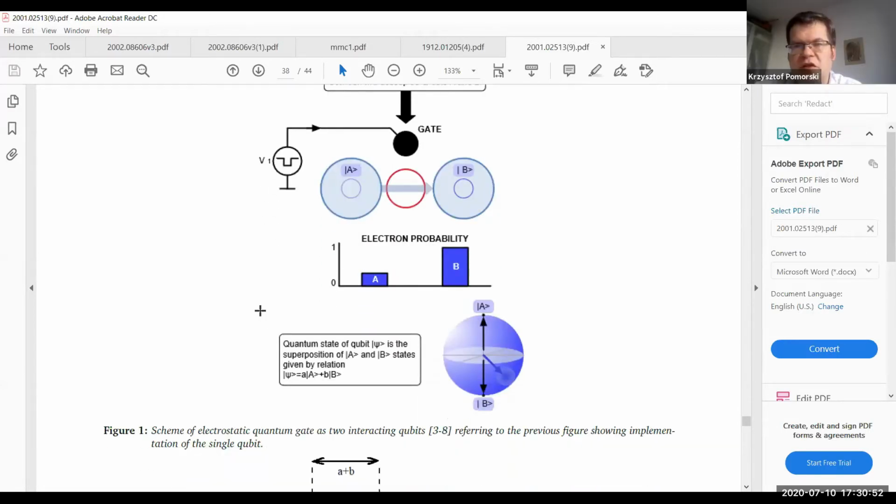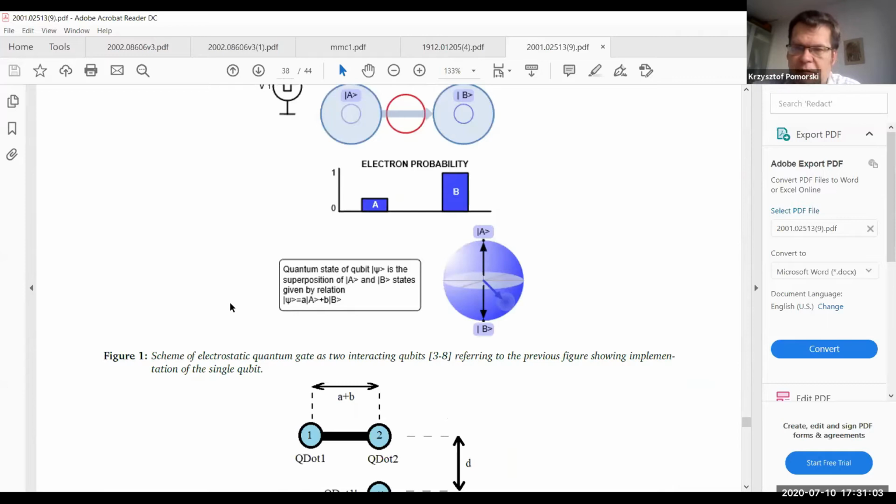And there are obviously oscillations of probability, as there are oscillations of occupancy of left and right quantum dot. So at least two energy levels must be populated at the same time, and those oscillations of occupancy are time dependent.